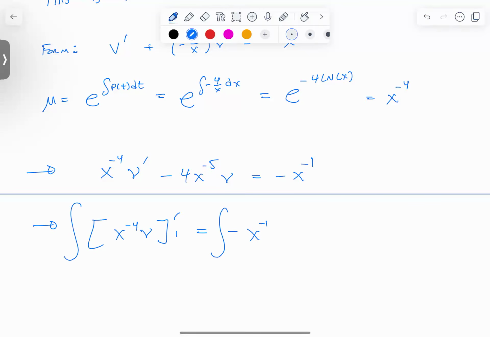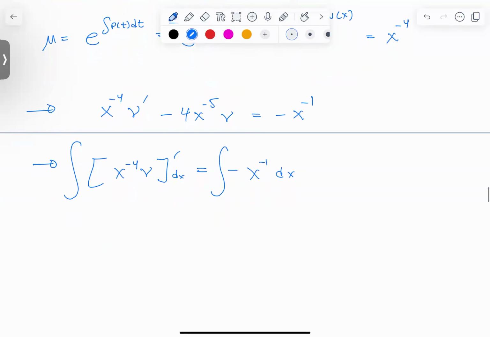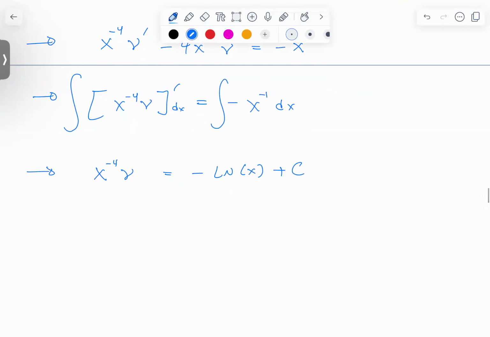Integrate both sides with respect to dx. Gets us ln of x, solve this guy for v.